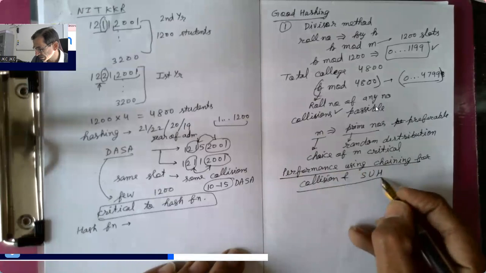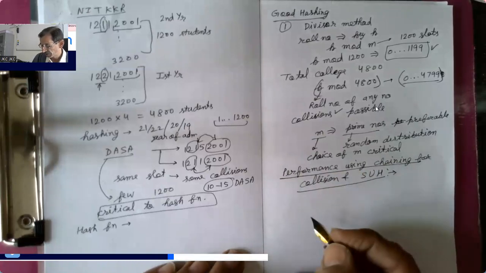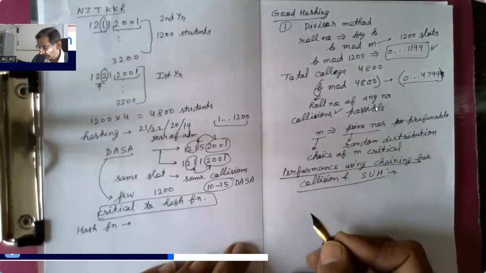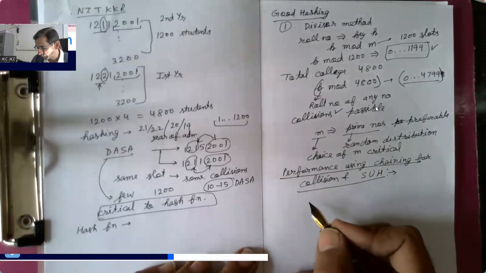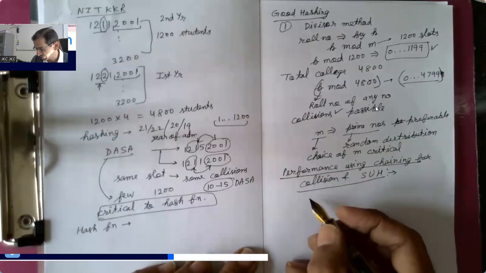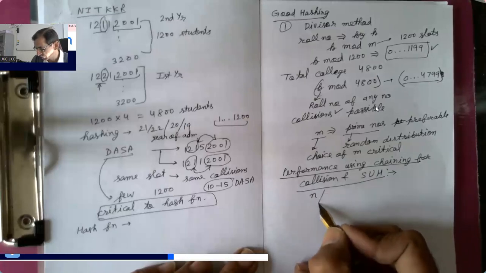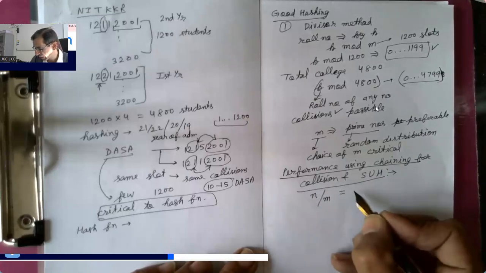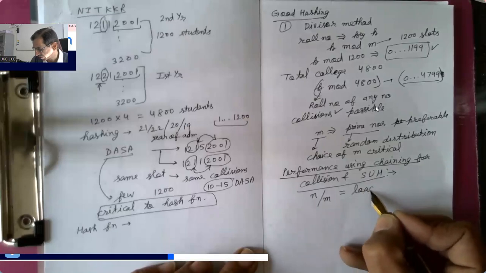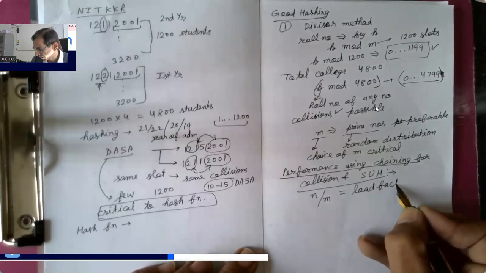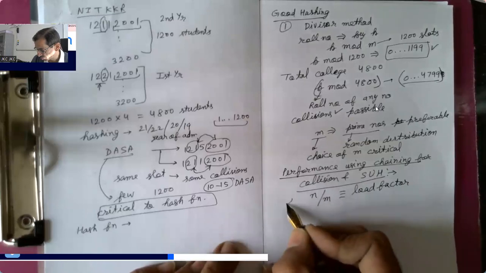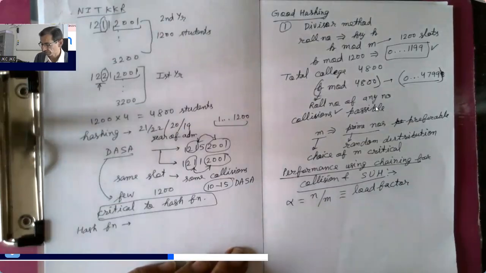So I'm not going towards the worst case. Simple uniform hashing will mean that in general, the chain will not be very lengthy. For a generic sense, let's assume n values are there, m slots are there. So n by m is called the load factor, and I assume this to be denoted as alpha.